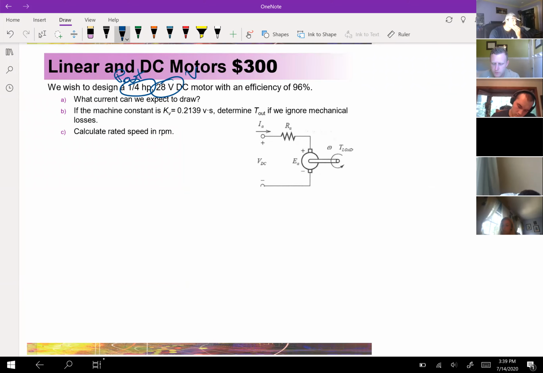28 volts, there's our V DC, and efficiency is eta, which is always P out over P in every engineering class and every thing, even in life. If you refer to efficiency, you may not think of yourself as a system, but if I'm carrying bricks from my front yard to my backyard to make a patio, how efficient I am is a matter of how much power I am using to move these bricks.